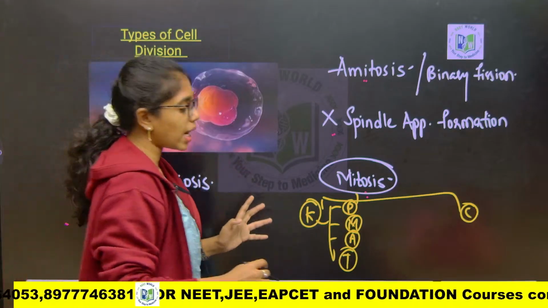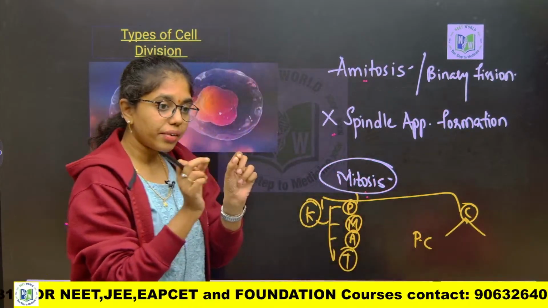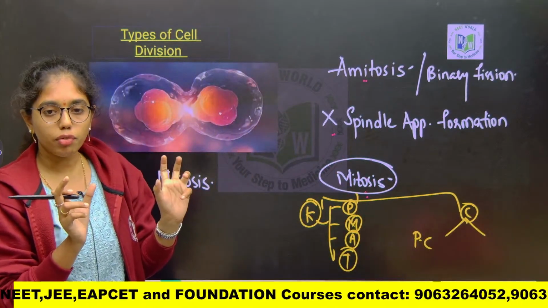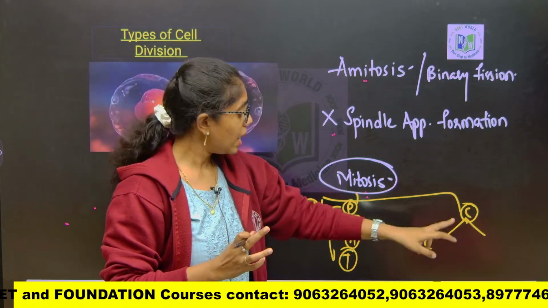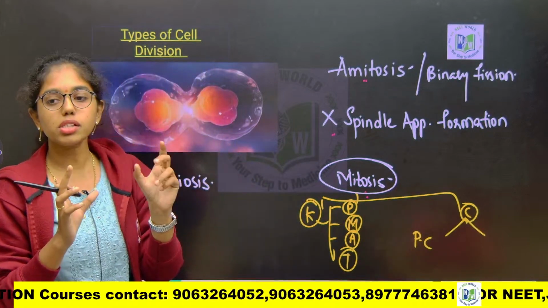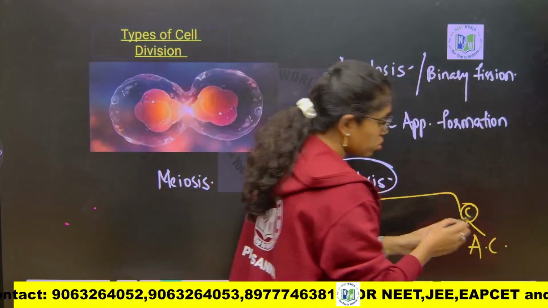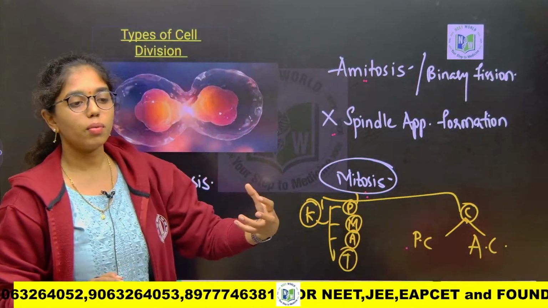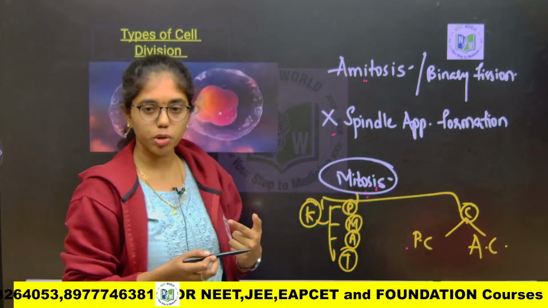Karyokinesis. Under cytokinesis, if it is a plant cell, centripetal way of cell wall formation takes place, cytoplasm division. If the animal cell is present, through the cell furrow it is centrifugal. So, animal cell through cell furrow and plant cell wall is formed through what? Cell plate. I will explain you clearly this concept tomorrow.